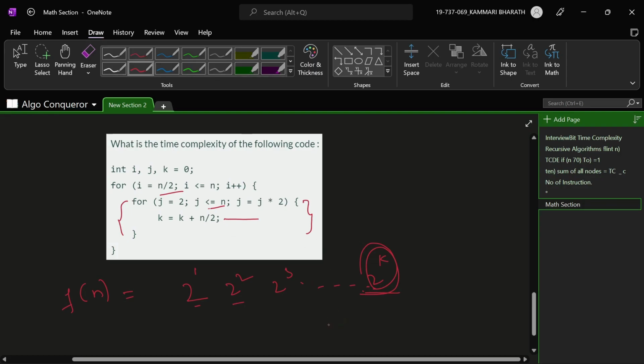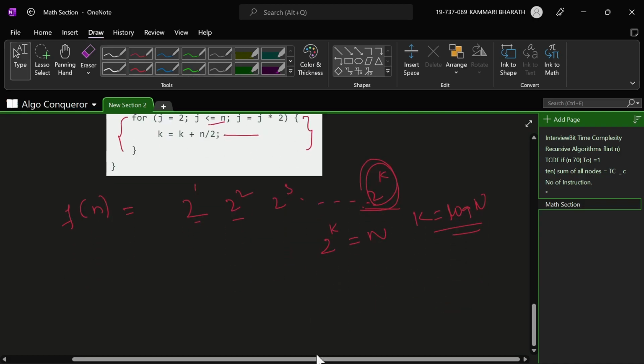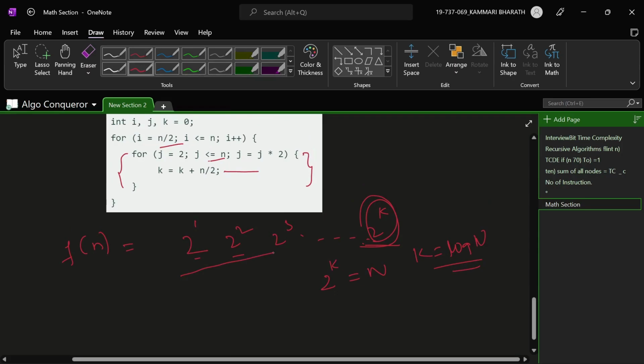Apply log, k is log n. Now you got the k, log n. So how many times does this loop execute? It's log n. F of n is log n.